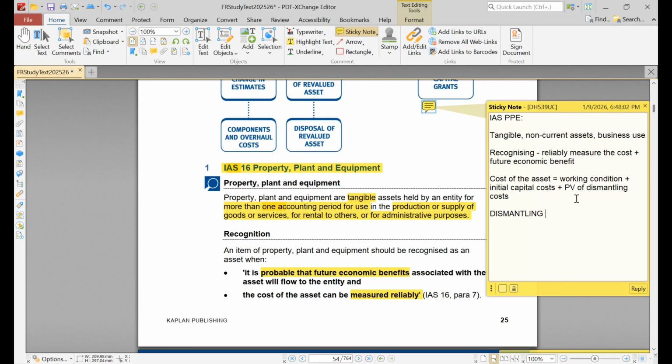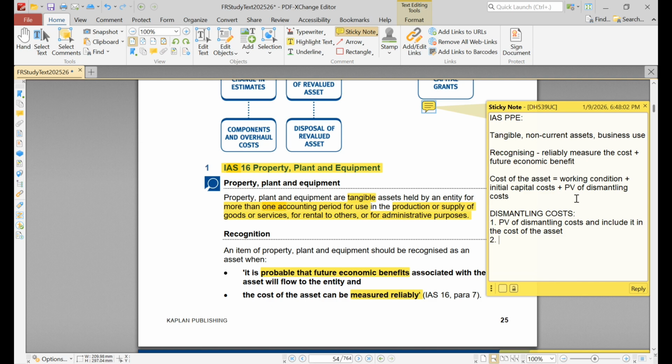Now, dismantling cost itself is a slightly lengthy topic. So first you calculate the present value of dismantling costs and include it in the cost of the asset.